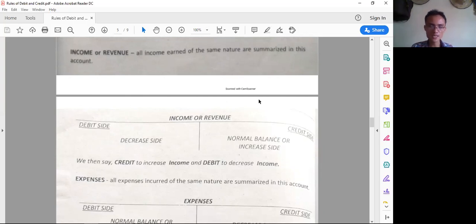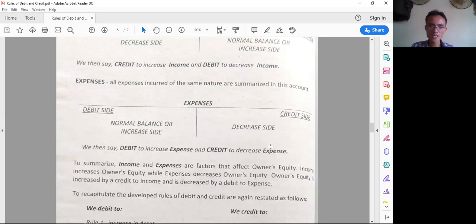It increases our equity or capital. Therefore, it should have the same normal balance. Expenses should also have the same normal balance as withdrawal, since those two will decrease owner's equity or capital.